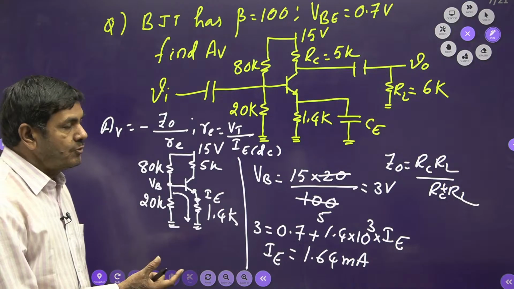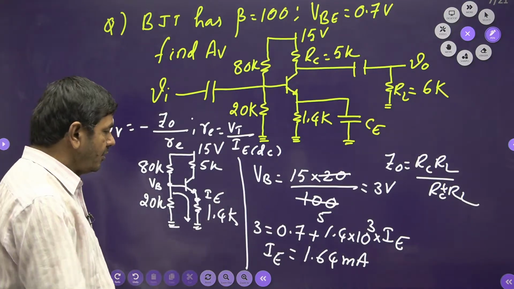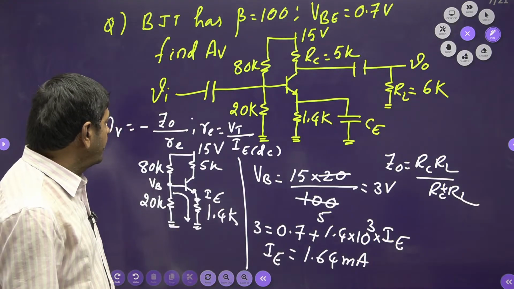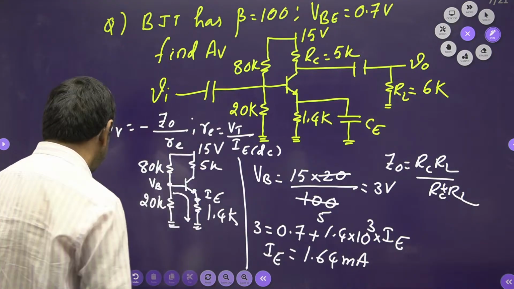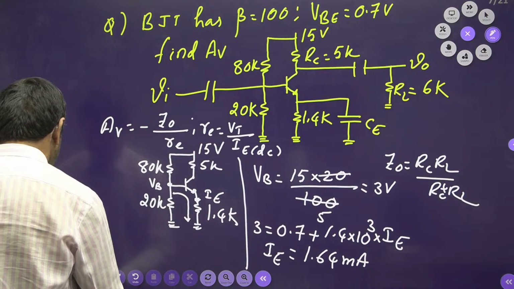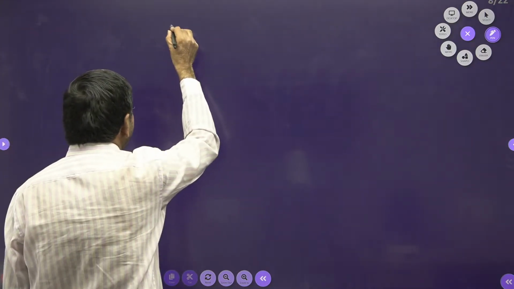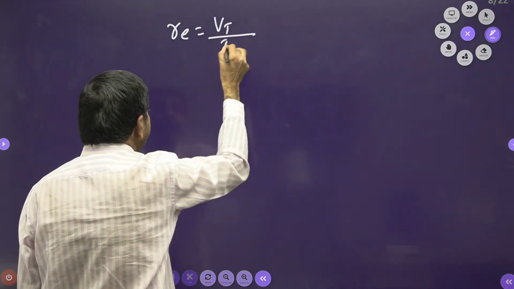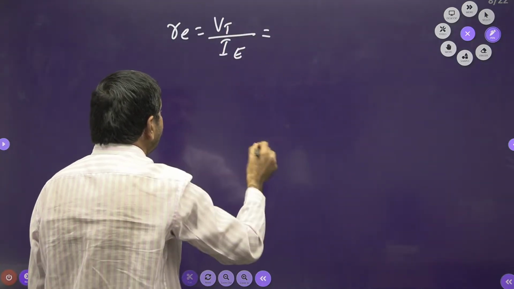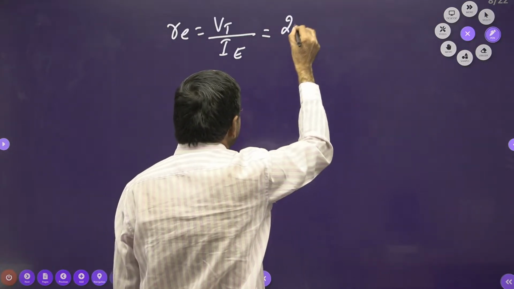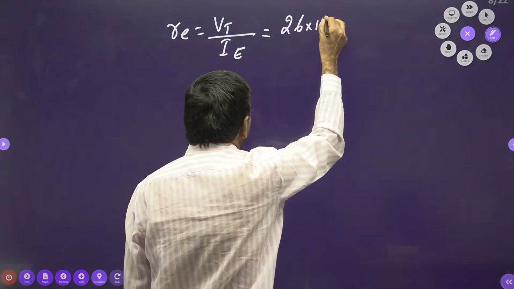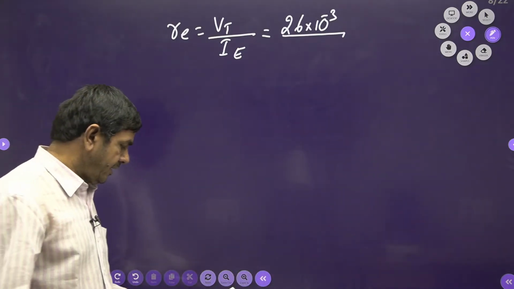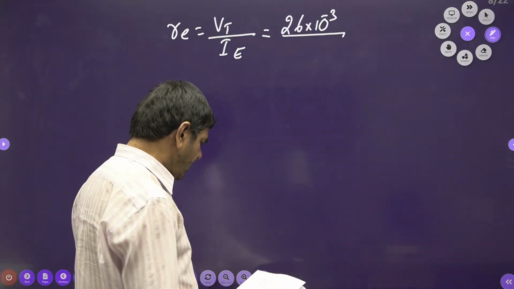Without base current, you must find this. Here now, IE equals 1.64 milliamperes. Once you got the emitter current, you can determine the re value. So I can say re is nothing but the thermal equivalent voltage VT divided by IE. We know very well VT is 26 milli, and we got IE, the emitter current, just now: 1.64 milli.